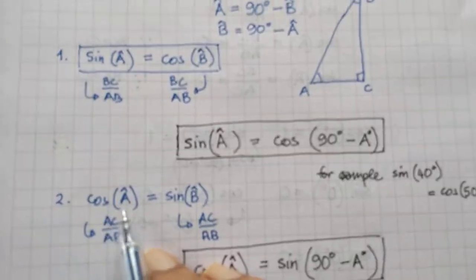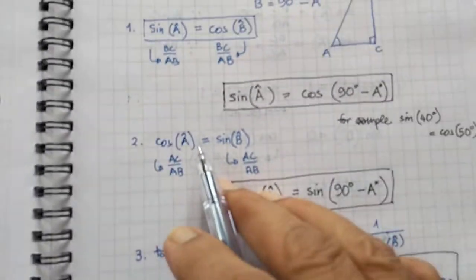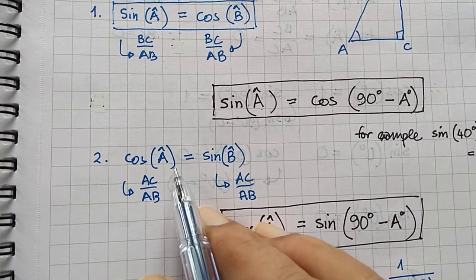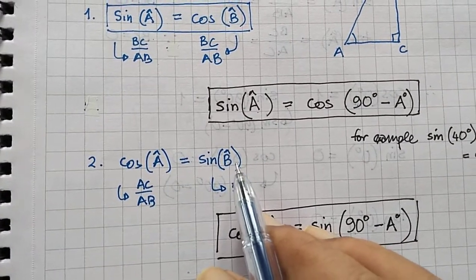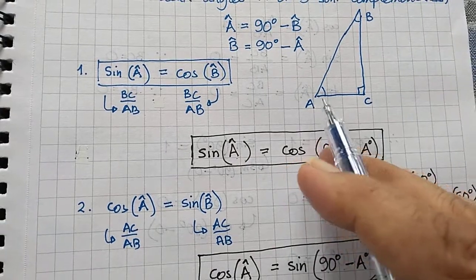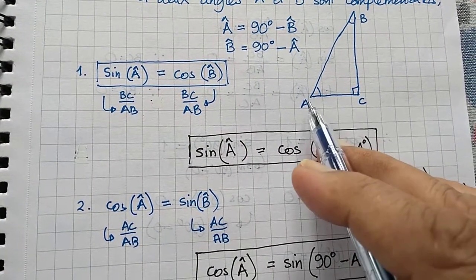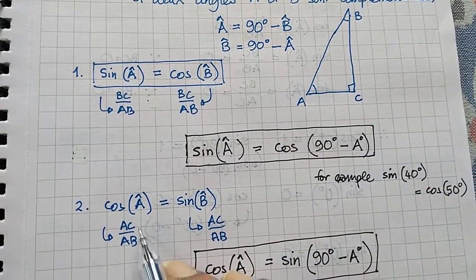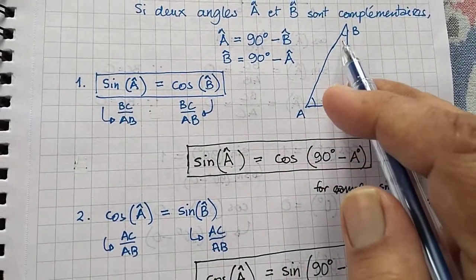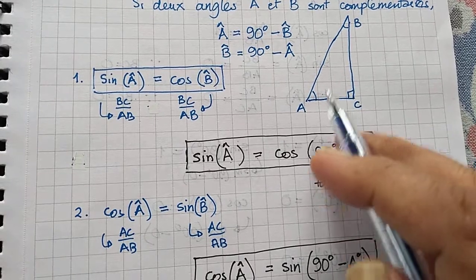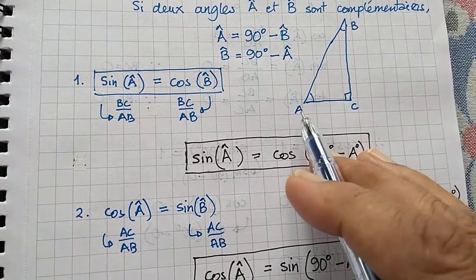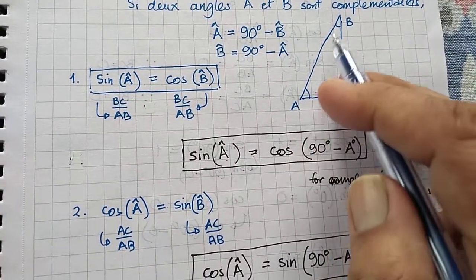Similarly, cos of A is equal to sine of B. So again here let's take cos of A. Cos of A is AC, that is côté adjacent sur hypoténuse, AC sur AB. Sinus of B is equal to côté opposé, for this côté opposé is AC sur hypoténuse AB.